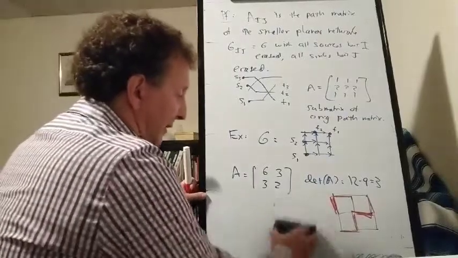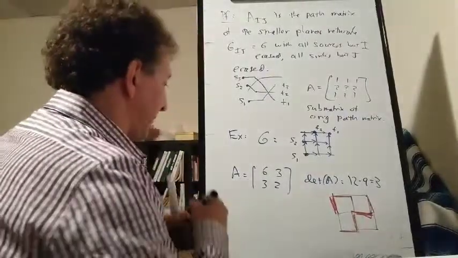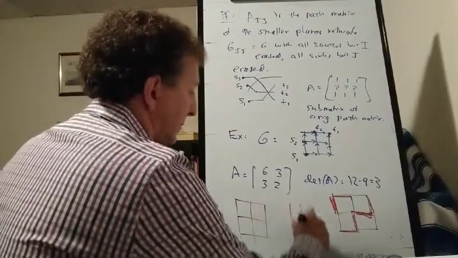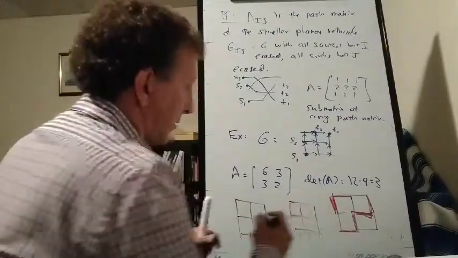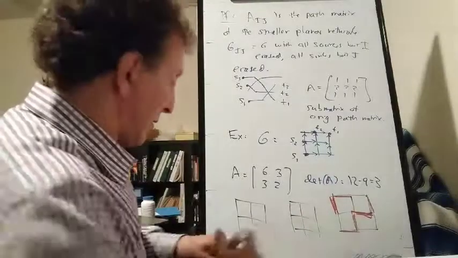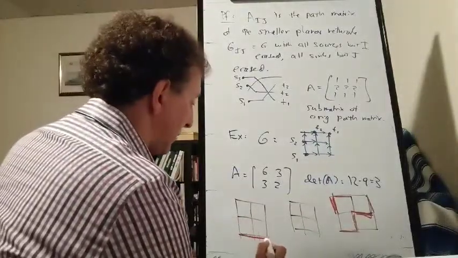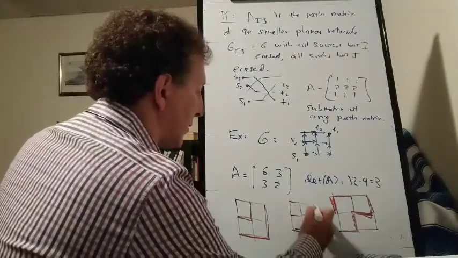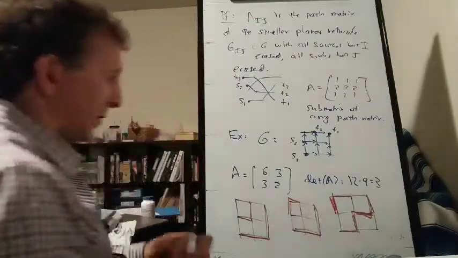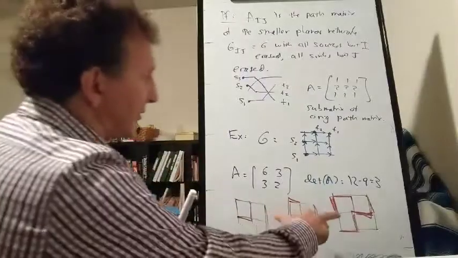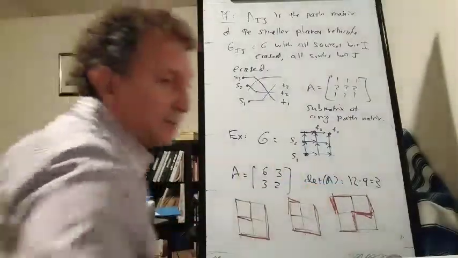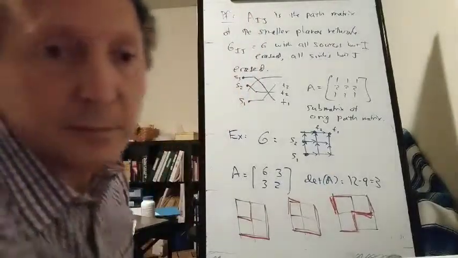Let me draw these again in case they're not visible enough. So those are the 3 non-intersecting path families counted by this determinant being equal to 3. The end.